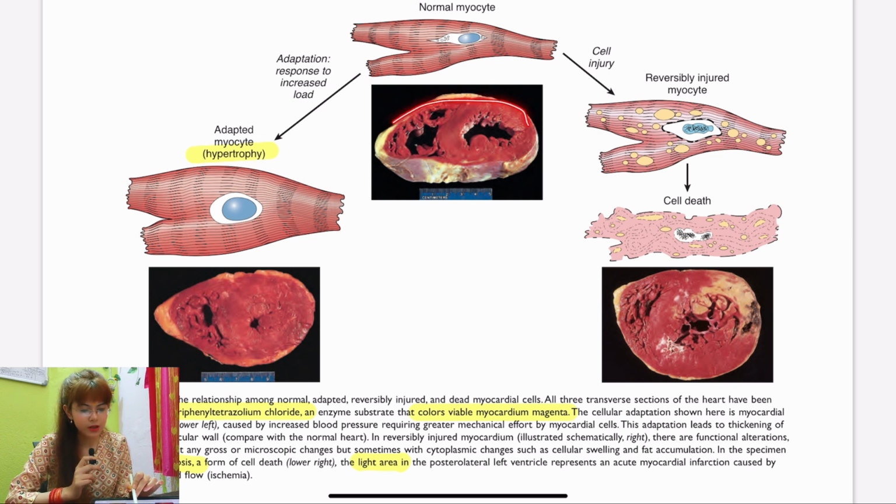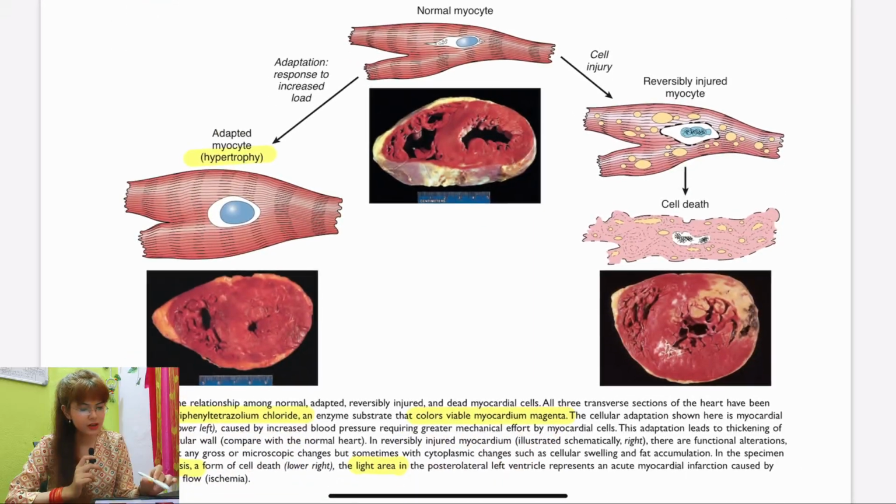This is the normal myocyte, which is magenta colored. This is also magenta colored, but here you can see there is no color, which means that in this area cell death has occurred. If it is a reversible injury, it's okay, but if there is cell death, the tetrazolium chloride will not give the magenta color anymore. So this is the necrotic area.